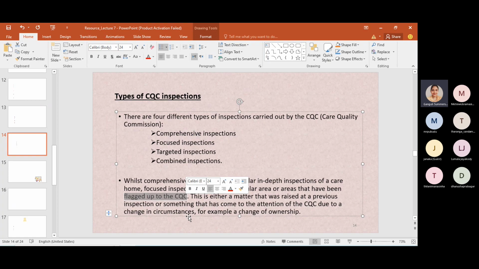Flagged up means perceived as important. So in focused inspections, you look only at a certain area or a certain set of areas which are considered important by the CQC. That is the main difference between comprehensive inspections and focused inspections.